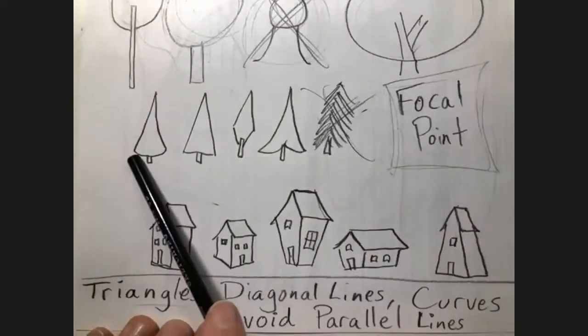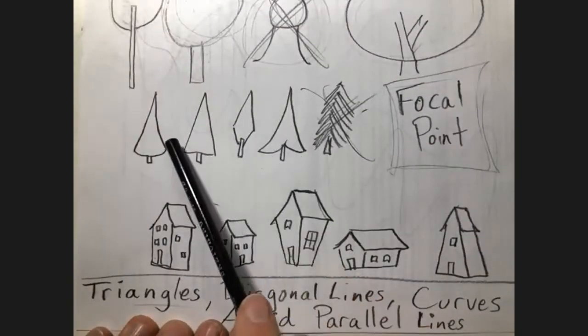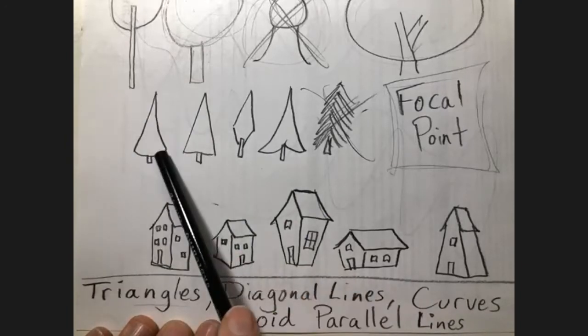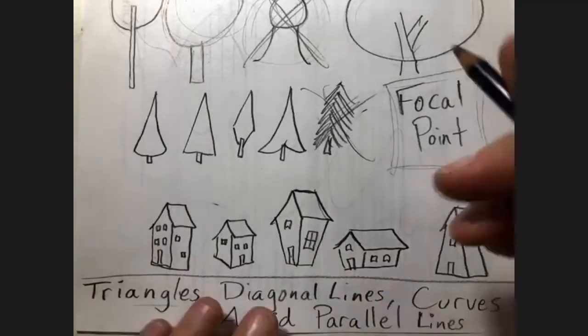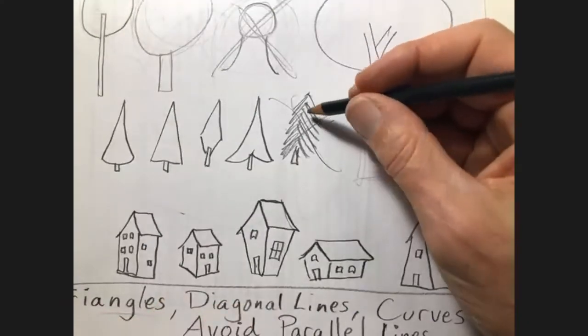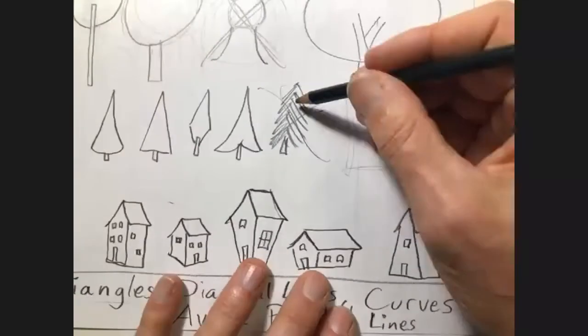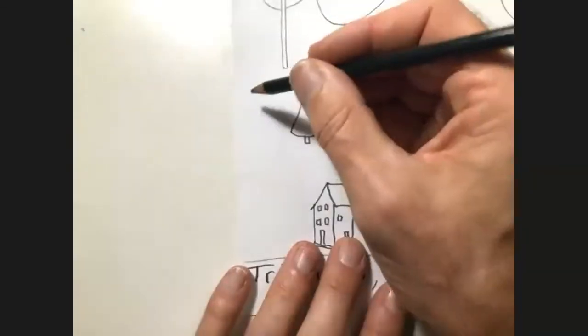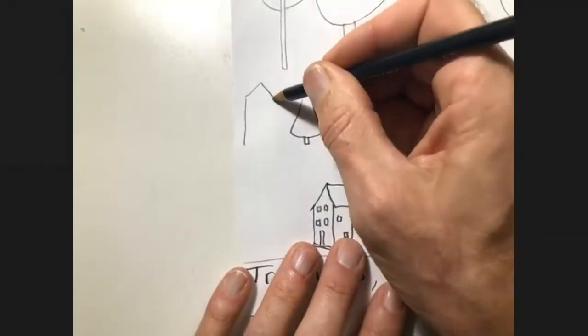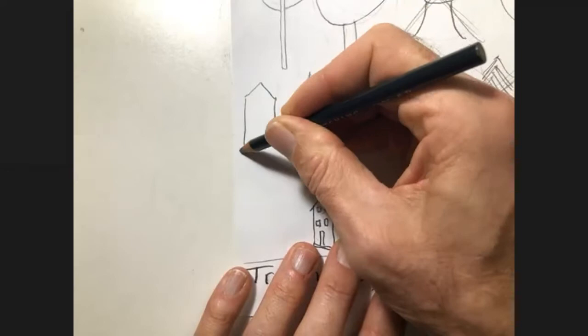Coniferous trees, we want fairly triangular. You can alter and manipulate your triangles however you like, but we do want to avoid this, I don't know what you call this, an arrowhead or chevron shape.